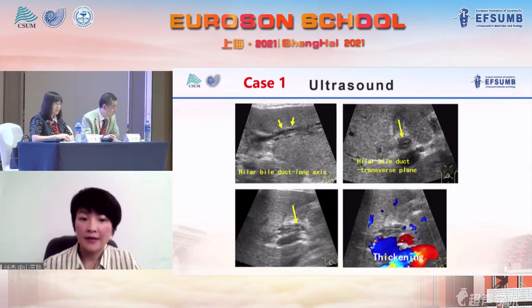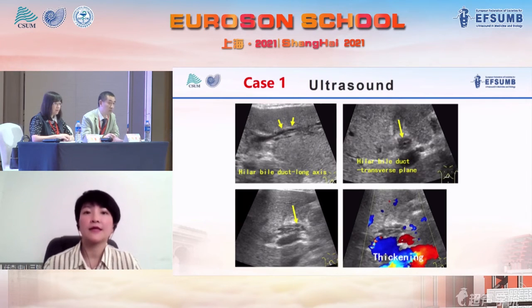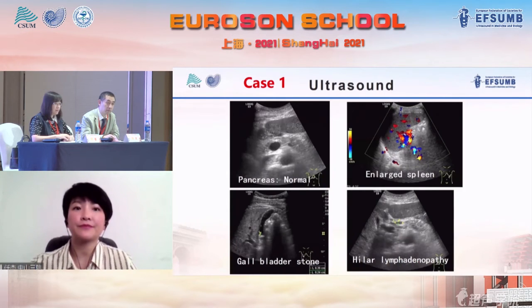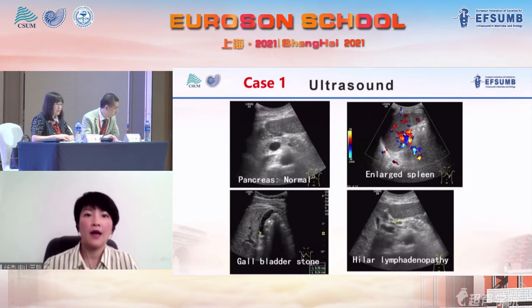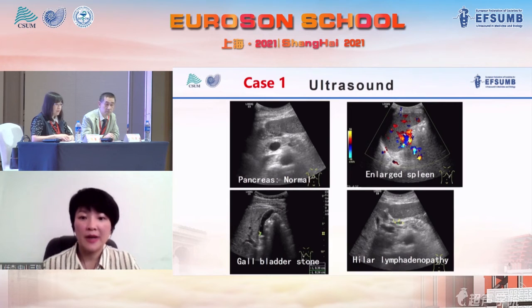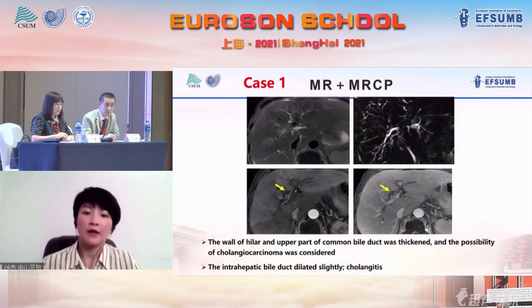Next. And we can see an enlarged spleen, like here, and hilar lymphadenopathy, enlarged hilar lymph nodes.